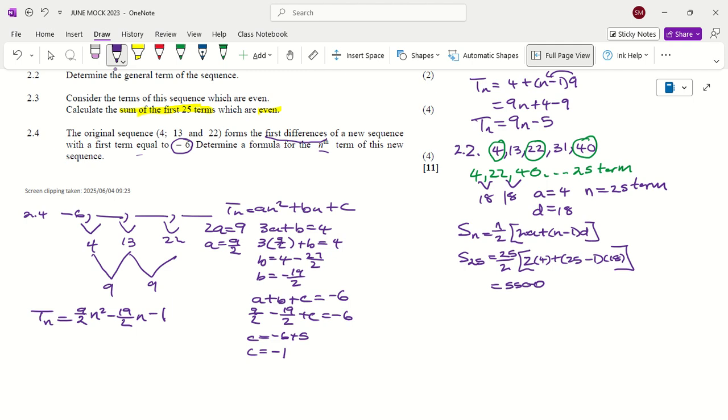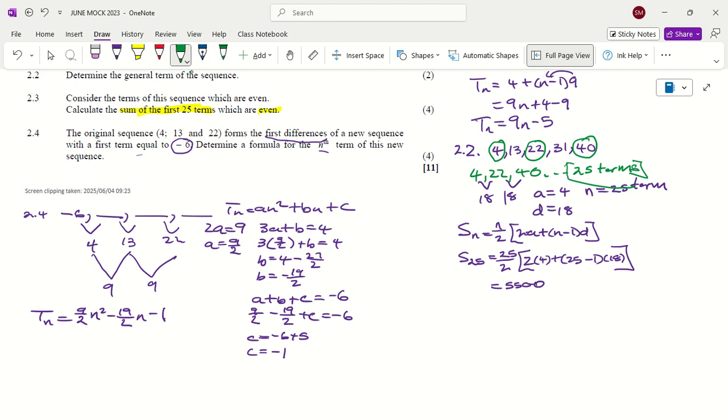Guys, who has a question now? This 25 is not a term. 25 is not part of the sequence. 25 terms means how many terms are there?